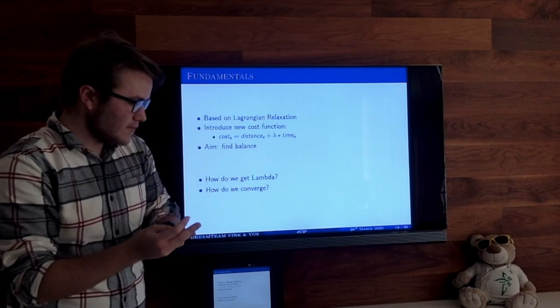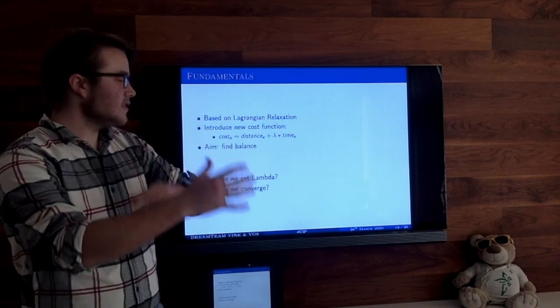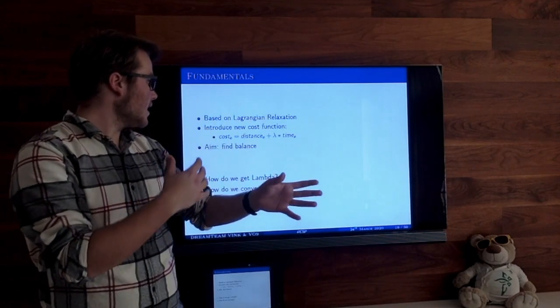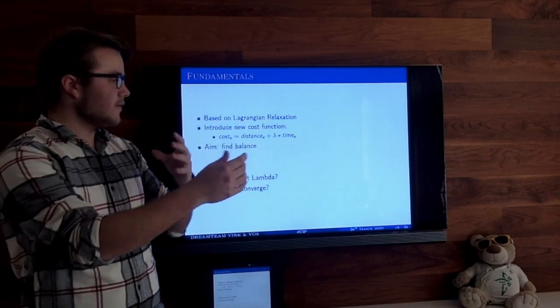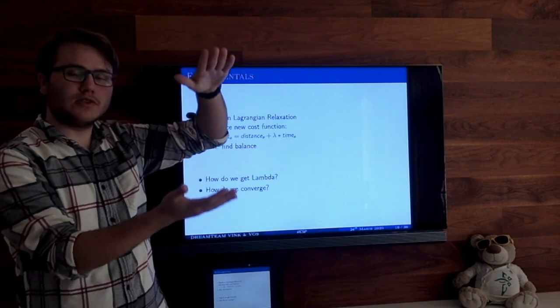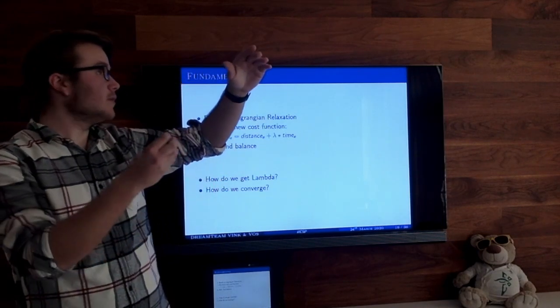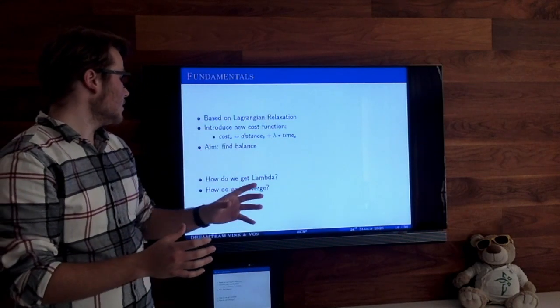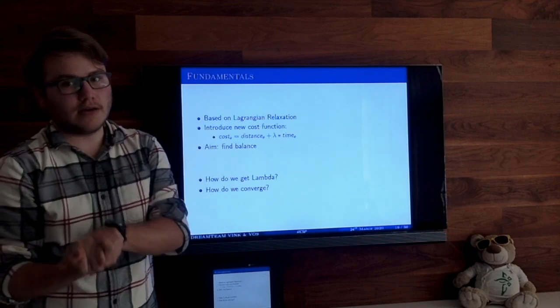Our aim is to find a balance between the time and the distance of this path, so we get a nice convergence between the two of them, where the time is rightly dominating and the distance is also rightly dominating. But first, how do we get this lambda and how do we converge?